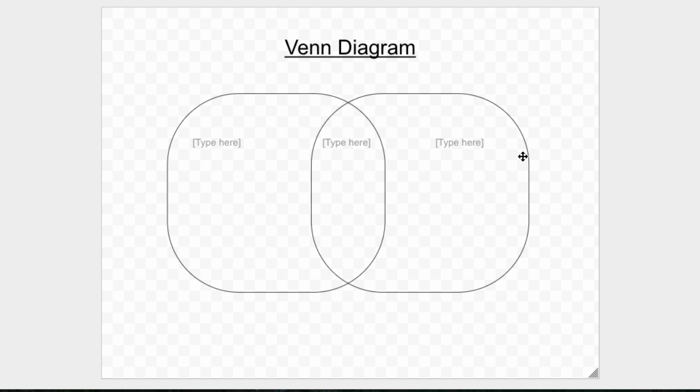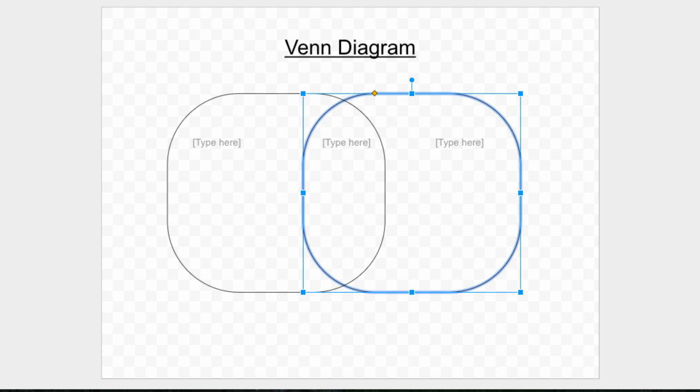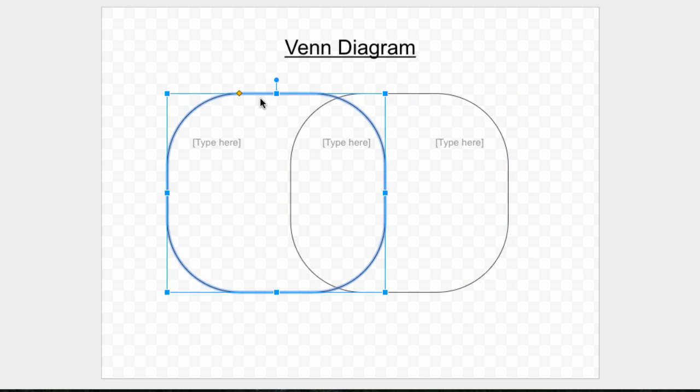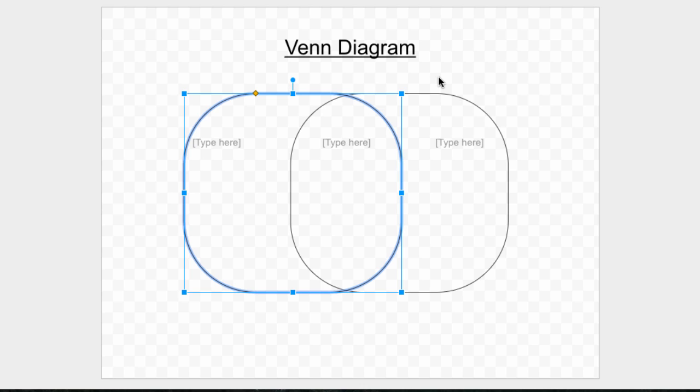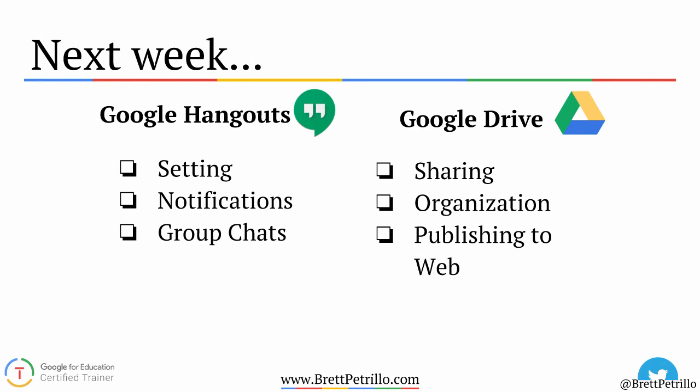What's good about Google Drawings and Venn diagrams is often I find that this middle section here that students run out of space, but when you're using a Google Drawing, these can be moved around to give more space. So if the student requires it, they can create more space. So those are just a few examples of how you can use Google Drawings to enhance your lessons with your students. And that brings us to the end of session 6.